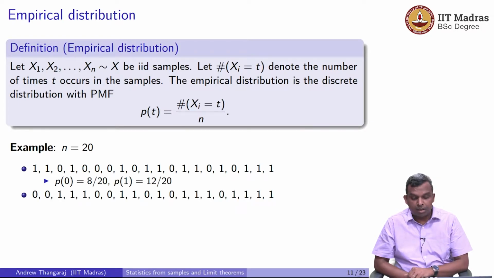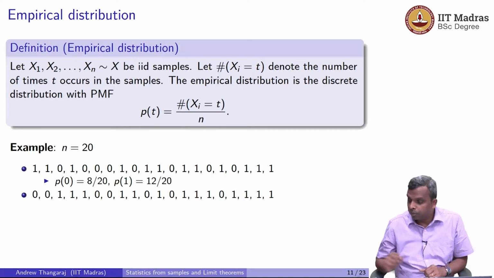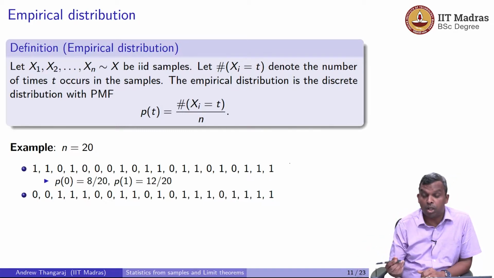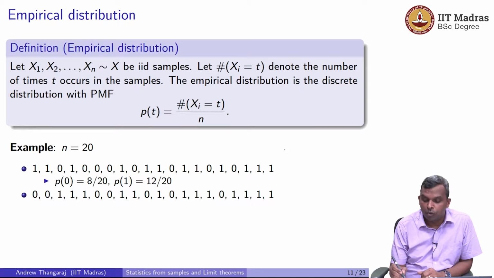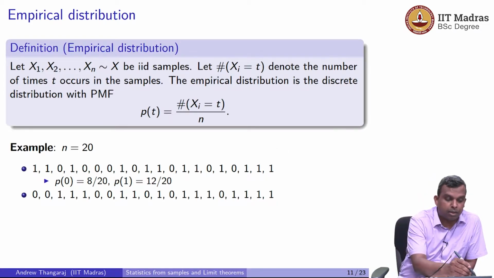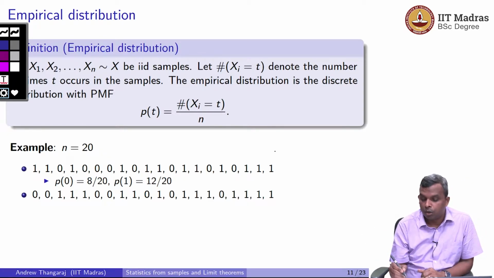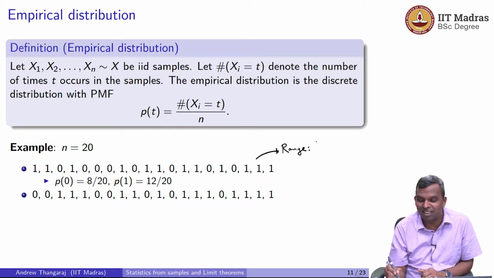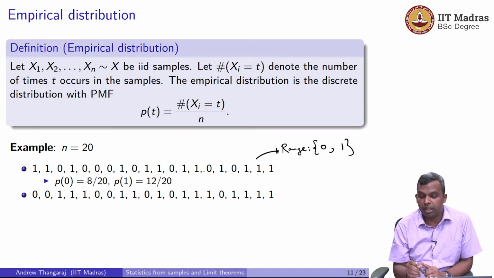When you want to compute the empirical distribution, you first want to compute the range. What is the range of the random variable? It takes value 0 and it takes value 1.